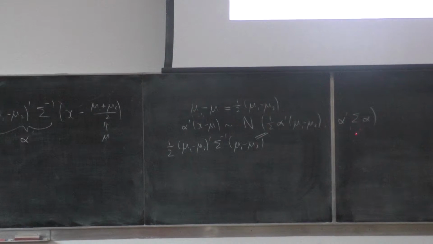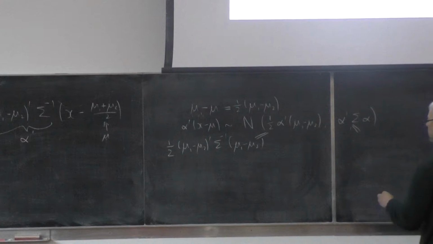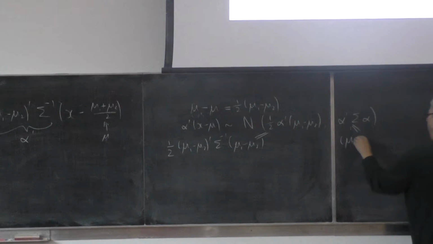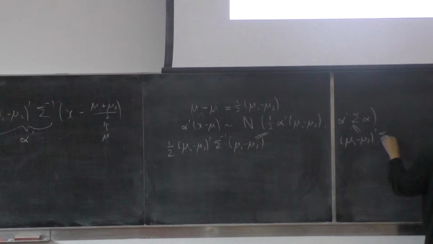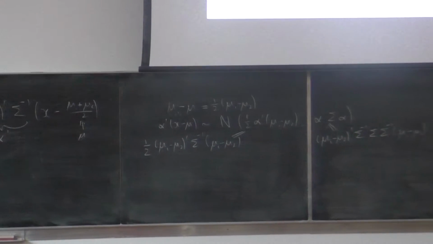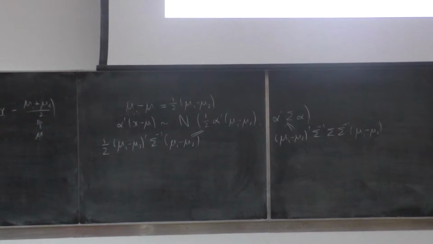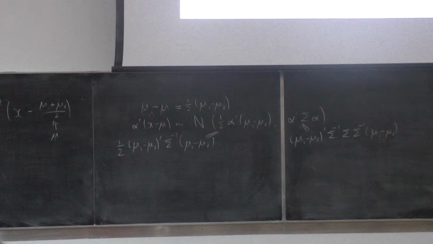And alpha dash sigma alpha, well, alpha dash, we said, was mu1 minus mu2 dash sigma inverse, and then we're multiplying by sigma, and then alpha is sigma inverse mu1 minus mu2. And you can see here that sigma times its inverse just cancels out.